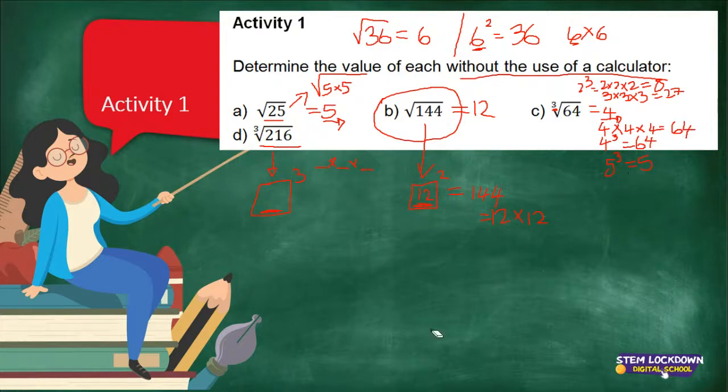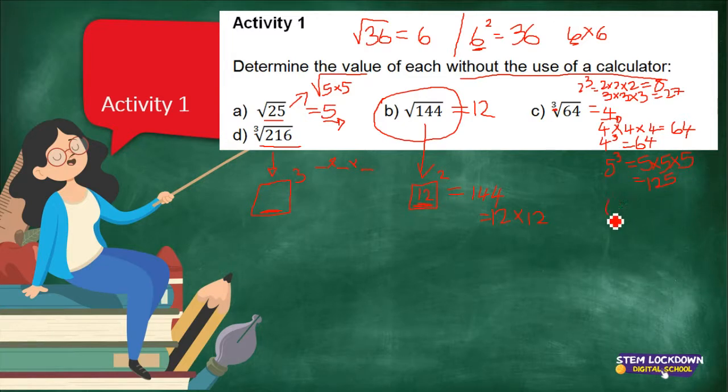Okay, and let me continue writing. So 4 cubed is 64. 5 cubed is 5 times 5 times 5, which is equal to 125. So the cube root of 125 will be 5.